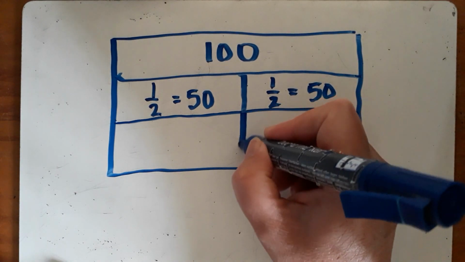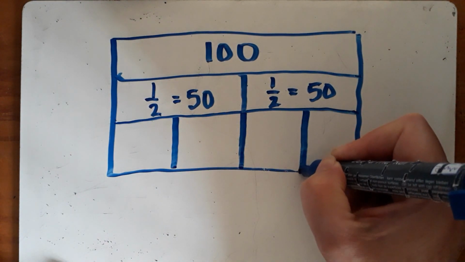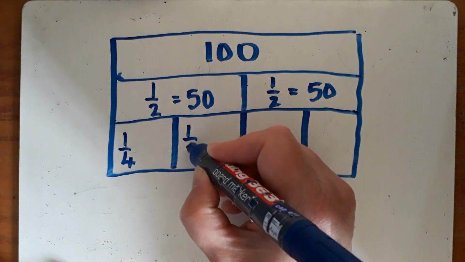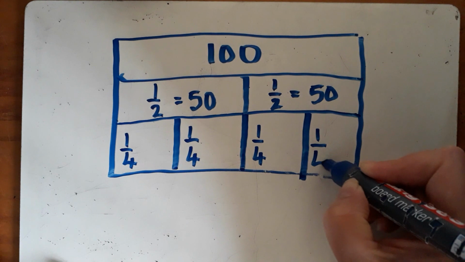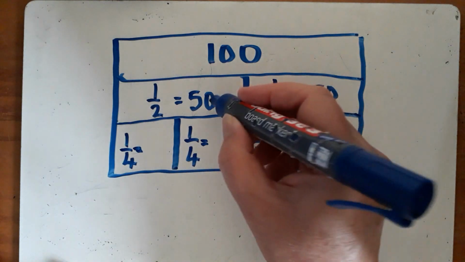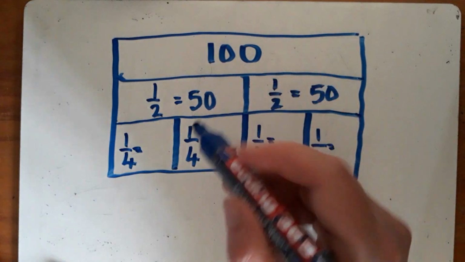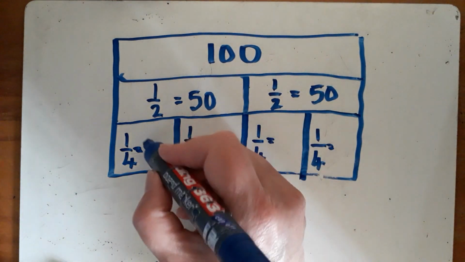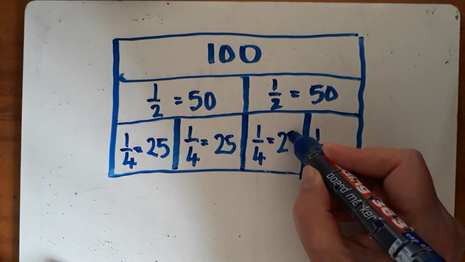And then if I want to come down and divide it in half again, that gives me 1 quarter, 1 quarter, 1 quarter, 1 quarter. If half is worth 50 and I've divided that 50 in half again into quarters, well, half of 50 is 25.